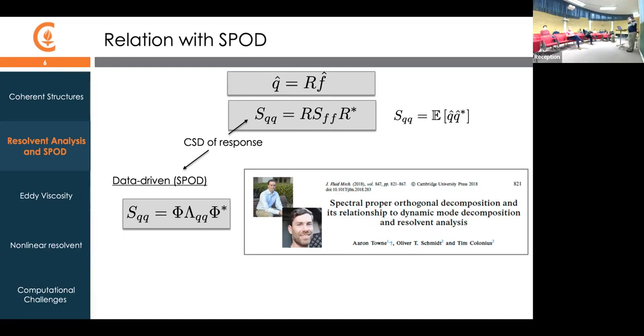So if we form the cross-spectral density of the response, SQQ, the SPOD, and this is all in the frequency domain, is nothing but the eigenvalues and eigenvectors of that SQQ matrix. And of course, this provides a different kind of orthogonal basis than the resolvent. It provides a different orthogonal basis for the response Q.